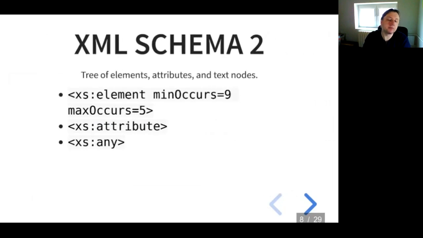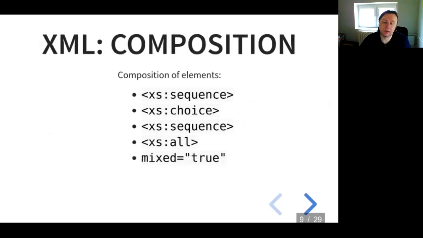And there are many things you can do with this description. You can comment it, you can enumerate where you have attributes, where you actually use any XML content from possibly another format. You can also refine the description of the collection. So there are sequences, there are alternative choices. There are also sequences that can occur in any order.